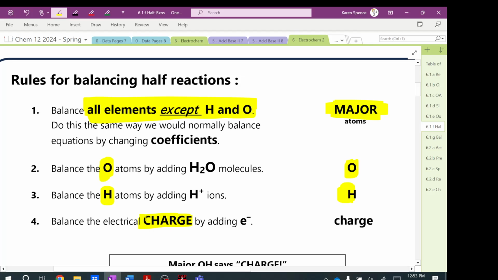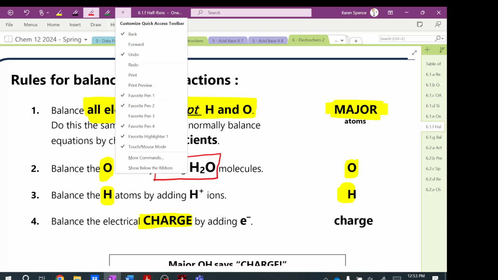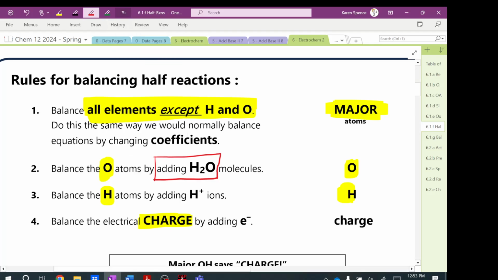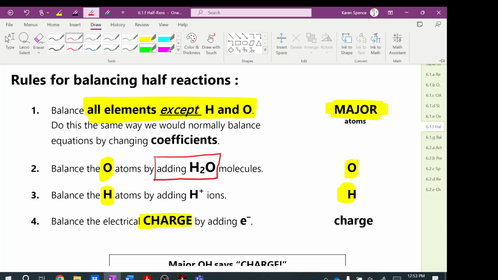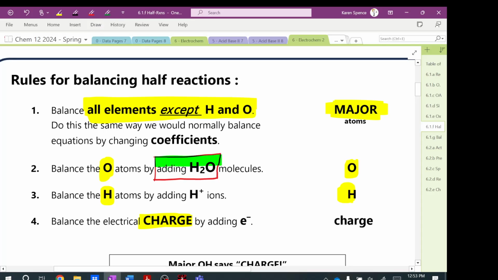We don't put coefficients in. We don't add oxygens. What do we add? We add water molecules. Okay? So it's important that you know how to balance oxygen, adding water. How do we balance hydrogen?